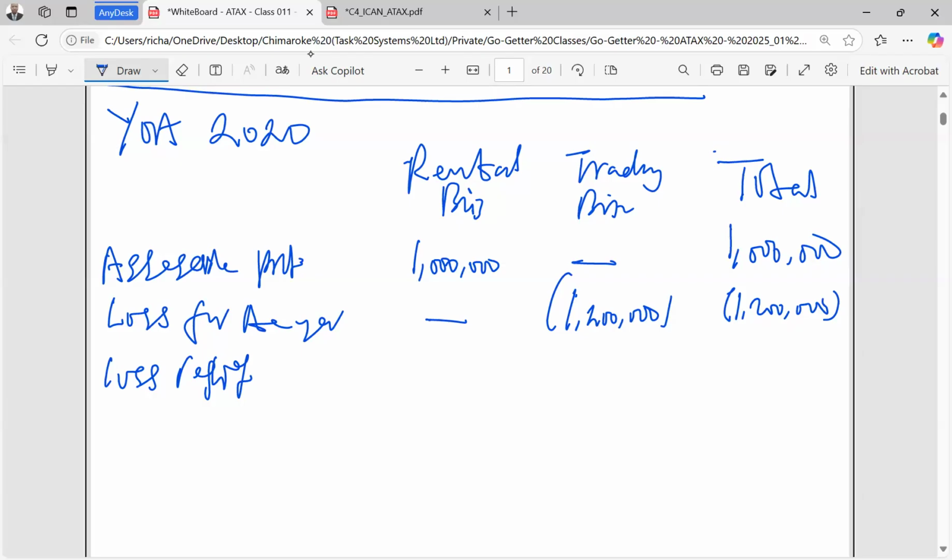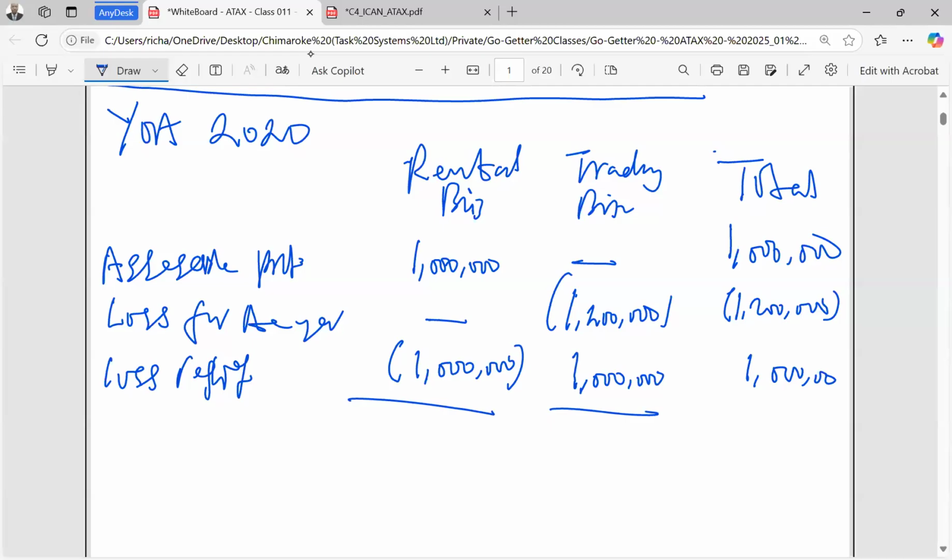So it means that 1 million here is being cleared. So the balance here will be nil. This one will be carrying 200. This is now the carry forward loss.